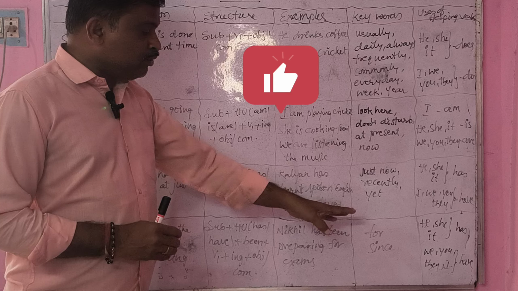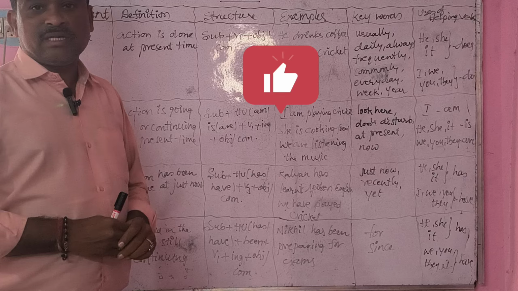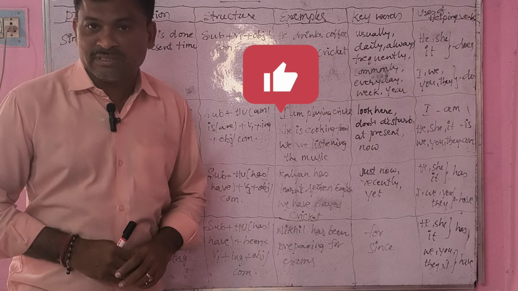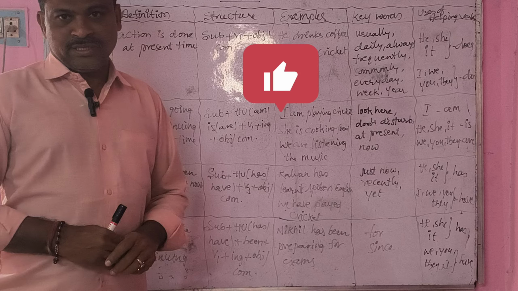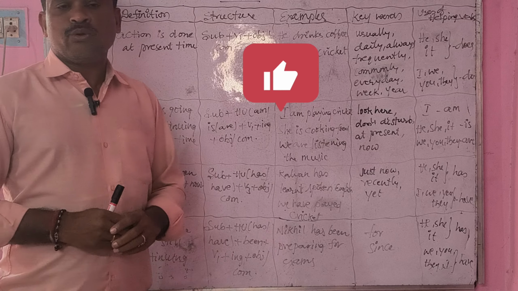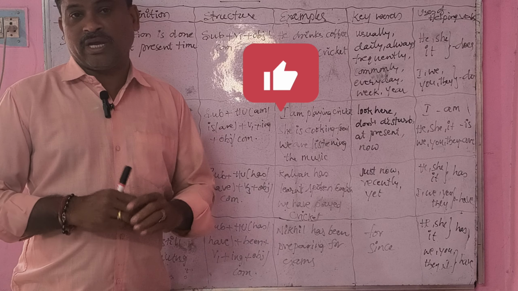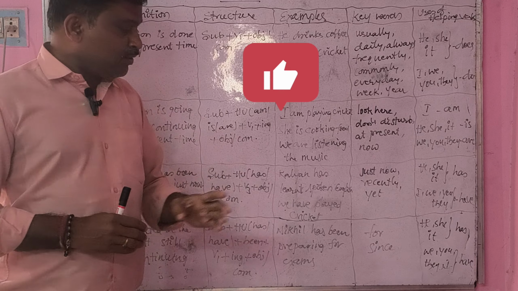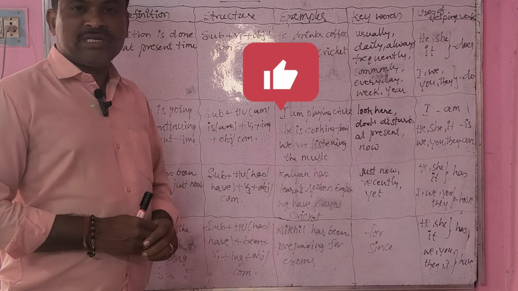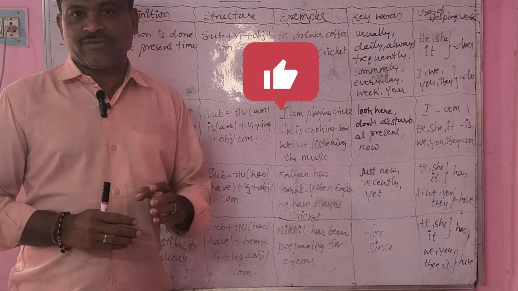Like that, we have to use the two important keywords, especially for and since. For is used only for a period of time and since is used for a point of time. What is a period of time and a point of time?